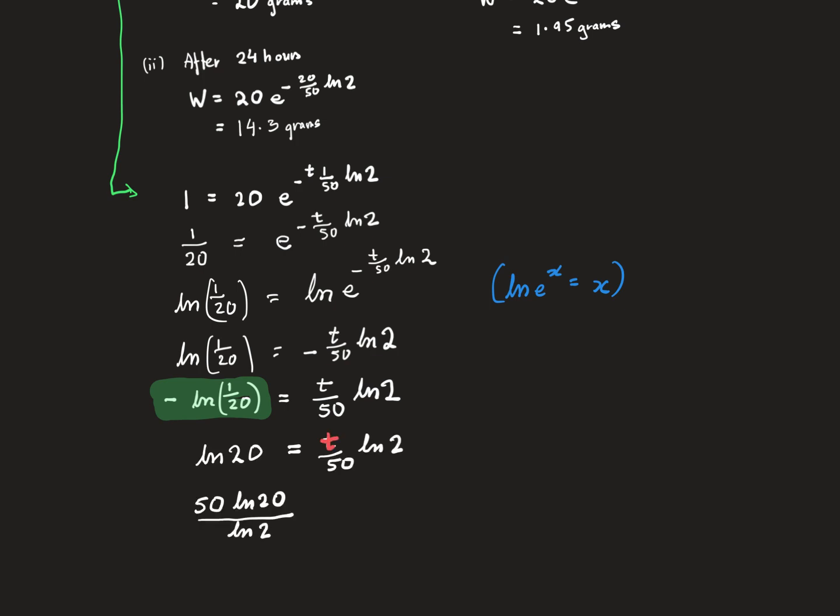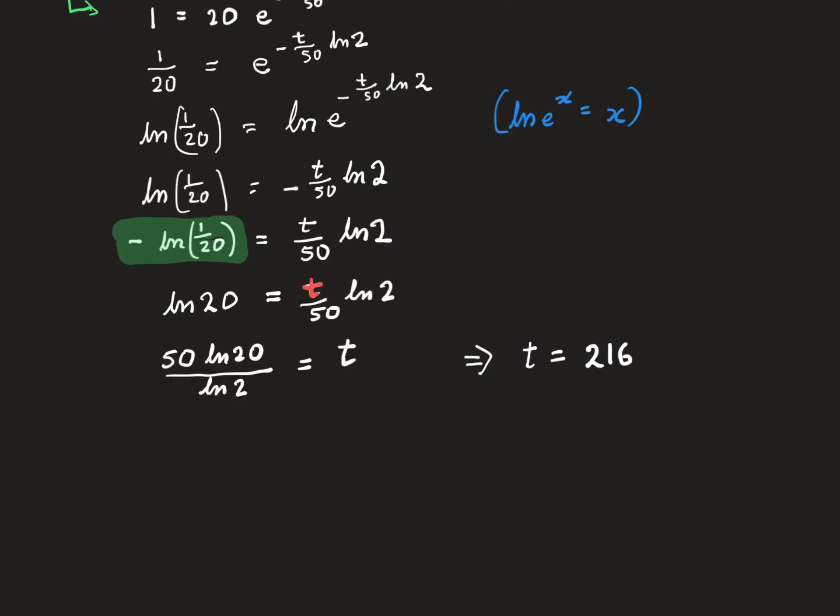And we can now find our time, which is 216 hours. And that makes it approximately 9 days for the radioactive decay to 1 gram.